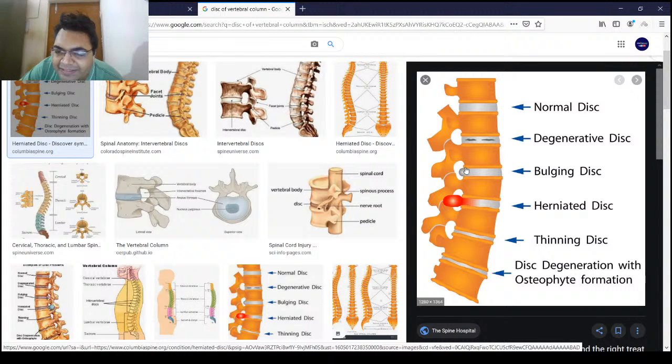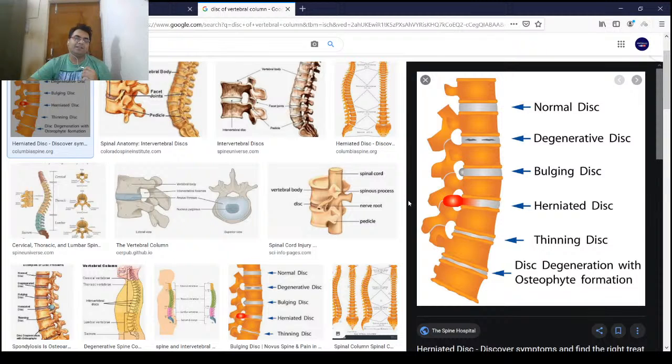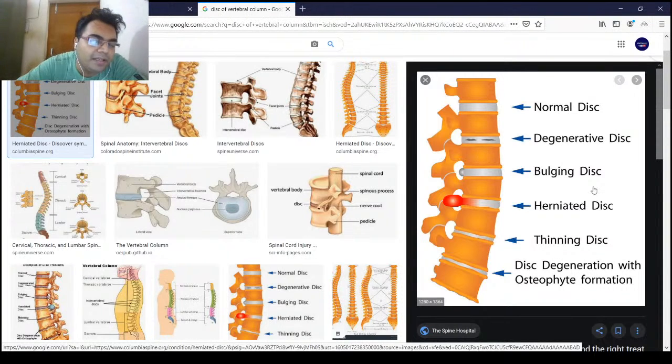Okay, that is known as disc bulge. And when the inside material present in the disc comes out of the disc, tearing the disc apart, that is known as herniated disc. This herniation of the disc is only referred to as slip disc.